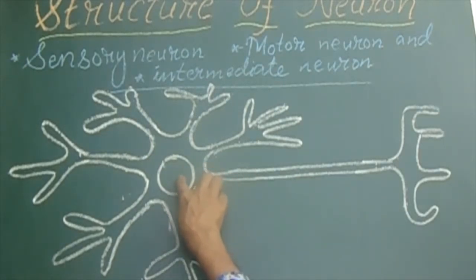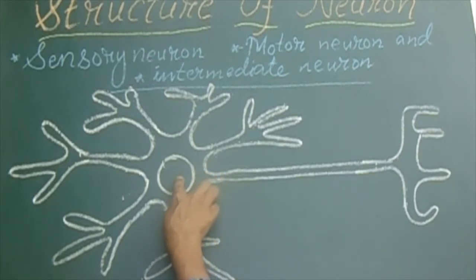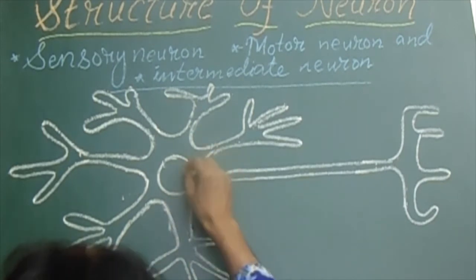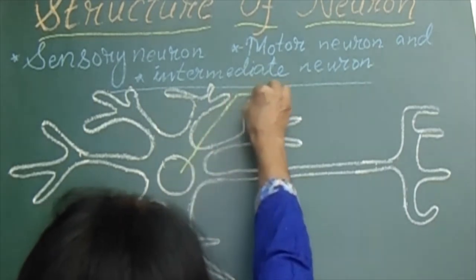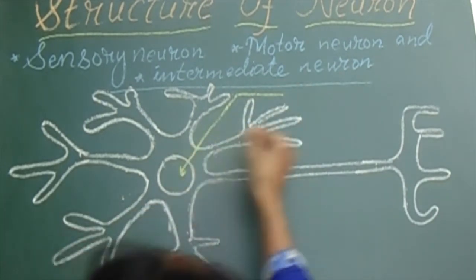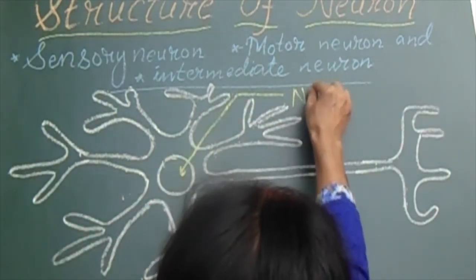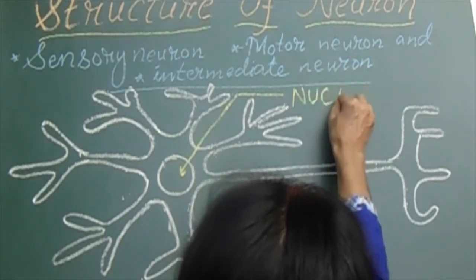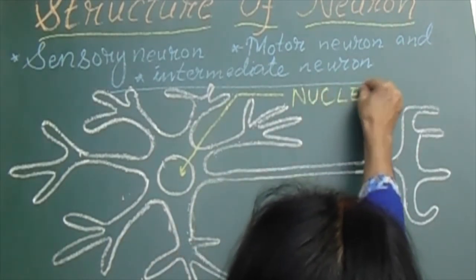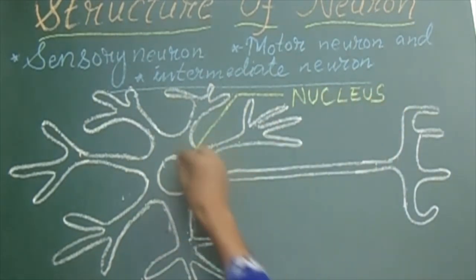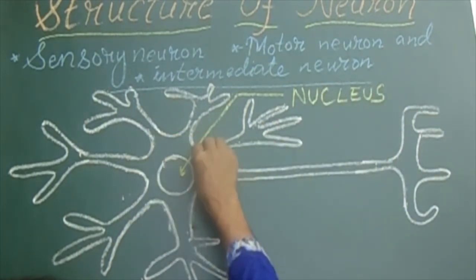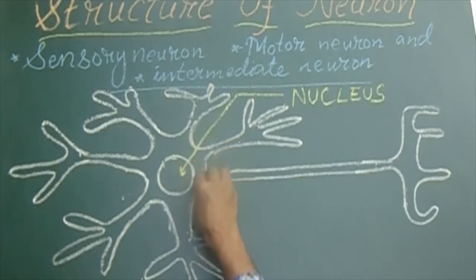Now what do we find here at the center? At the center we have a nucleus. Now nucleus is surrounded by a cell body.